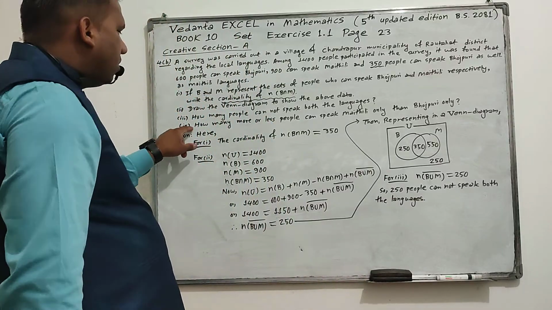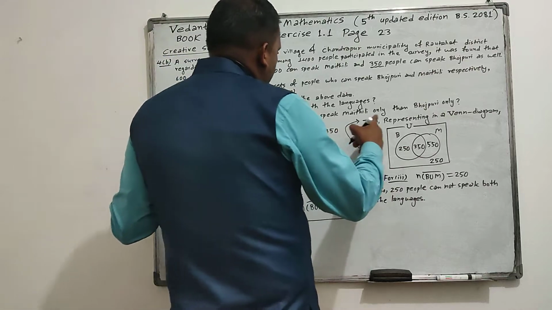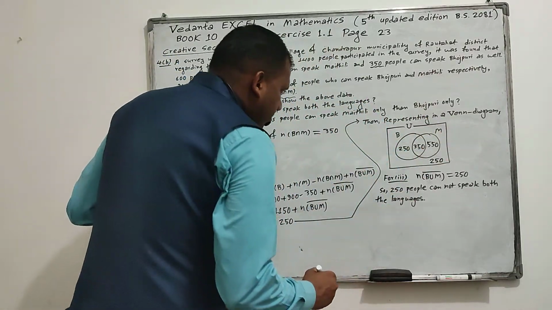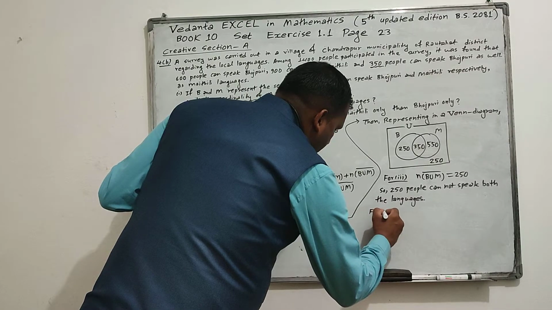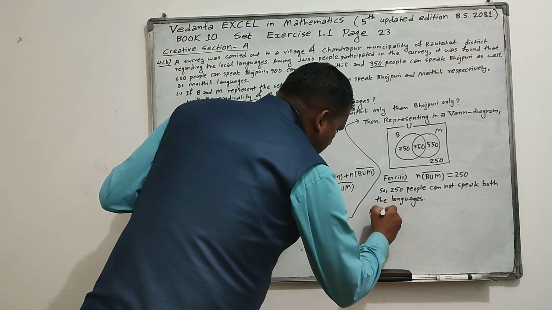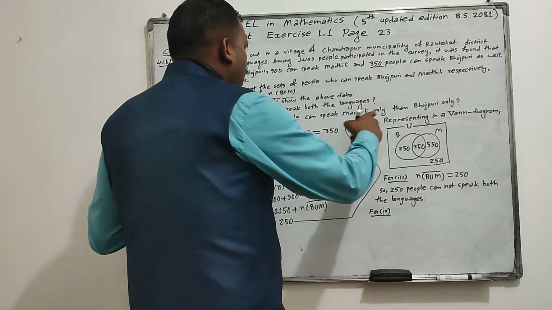Now for 4, how many more or less people can speak Maithili only than Bhojpuri only? For 4, number of Maithili only and Bhojpuri only.